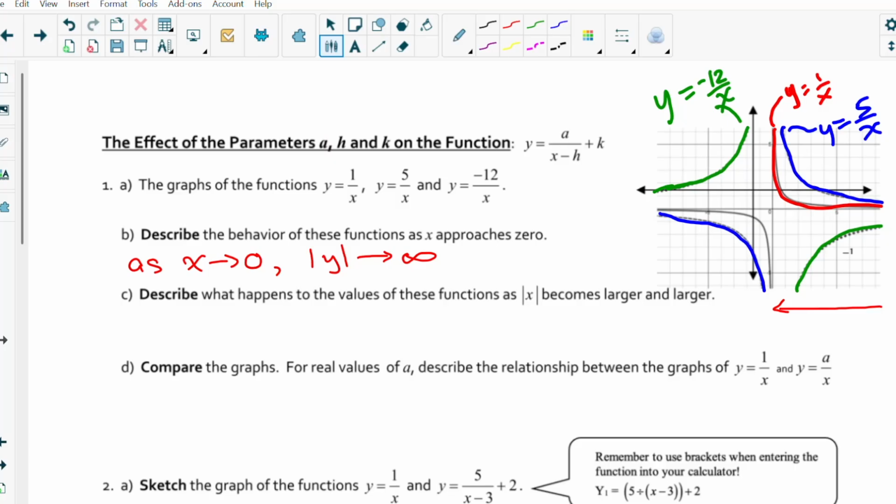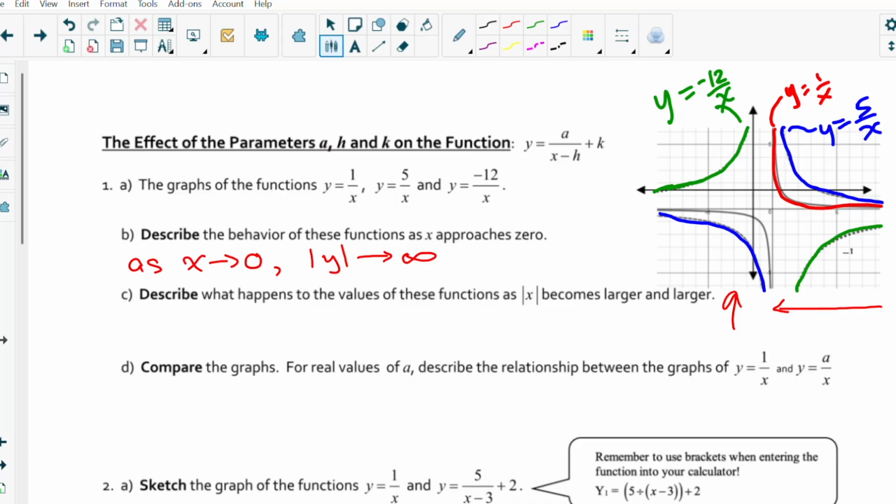So as x approaches 0, the absolute value of y approaches infinity. For the red graph, as x gets closer to 0, the y value goes up and up. For the blue function, same deal.